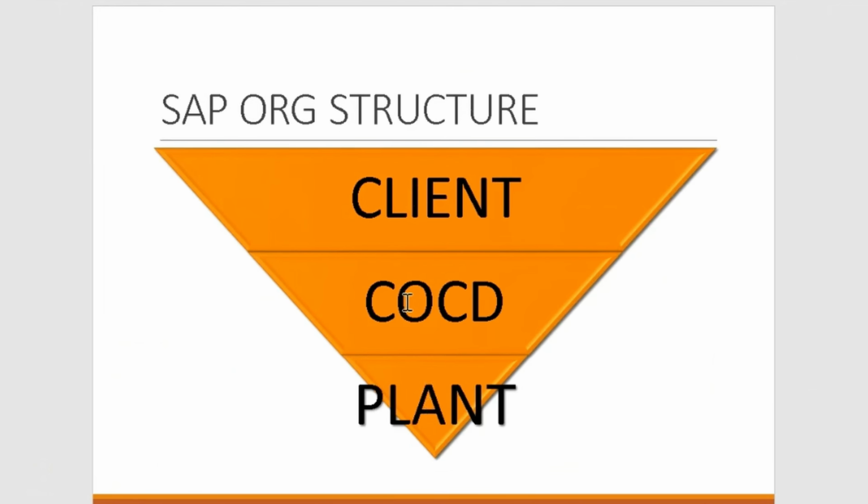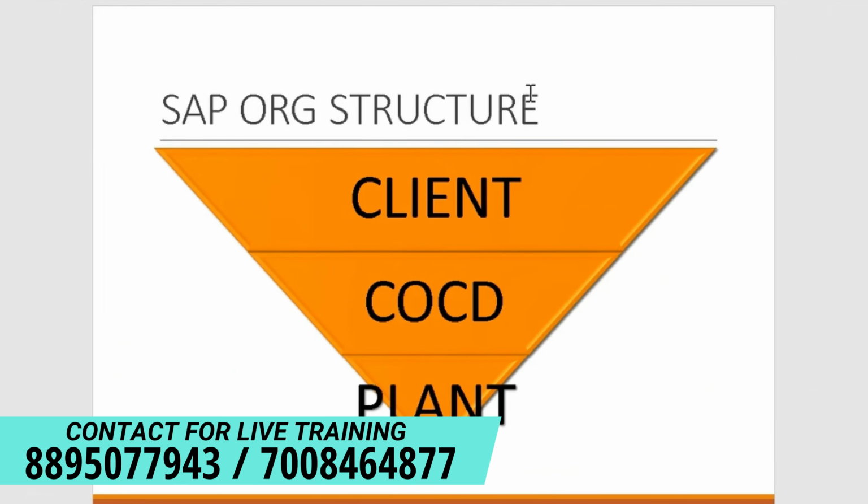So these will be the top 3 organization structure levels of SAP. Based on this, we can create different units. Let's say SD area, so you will be creating your organization structure based on the company code and plant. Let's say you are going for the MM side, so there you will be going for a different organization structure related to SAP MM.